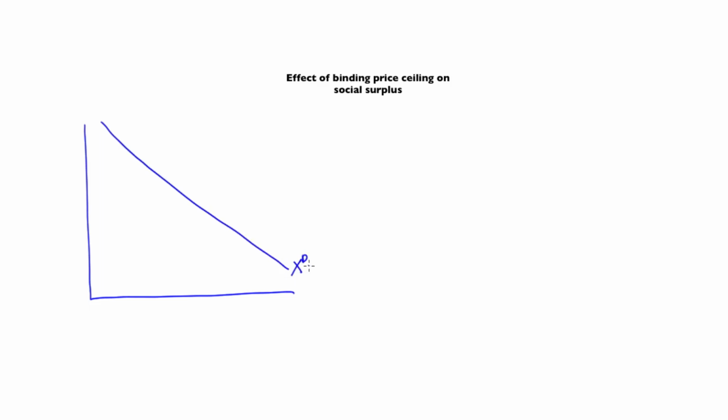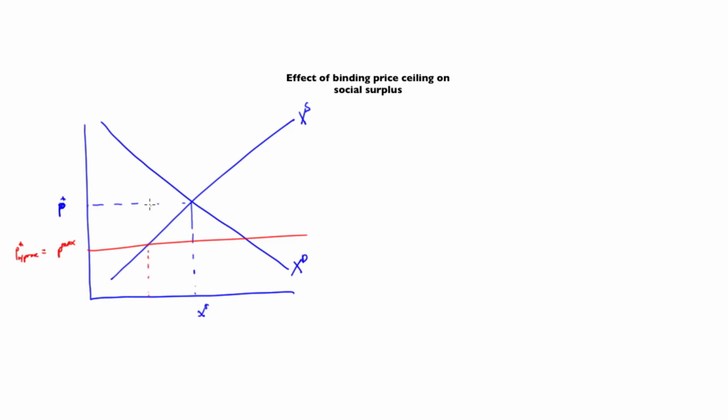Suppose the demand looks like this, the supply looks like this. This was the initial equilibrium price and quantity. And we introduce a price ceiling like this that is binding, and this becomes a new equilibrium, and this becomes a new quantity produced.